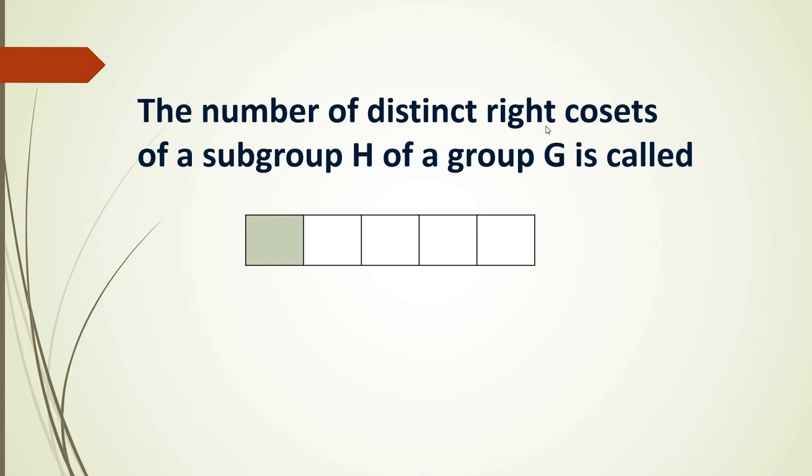It comes in the section dealing with Lagrange's theorem. You got it? Yes, it is index. Index of H in G is a number. It is the number of distinct right cosets or left cosets of that particular subgroup H.